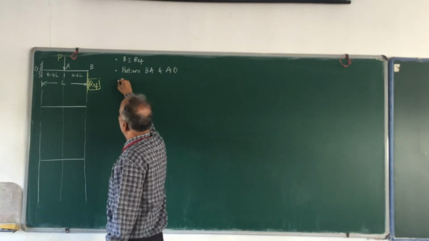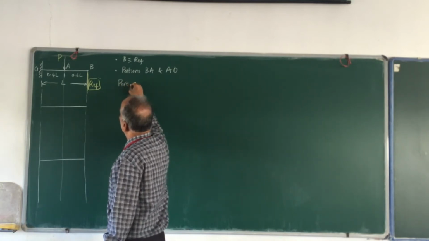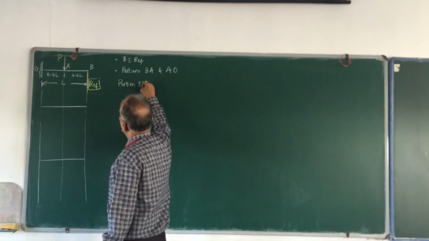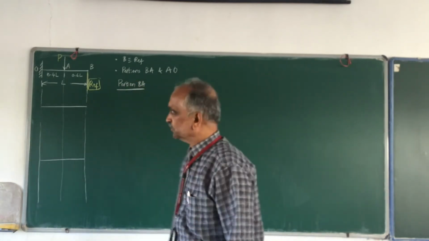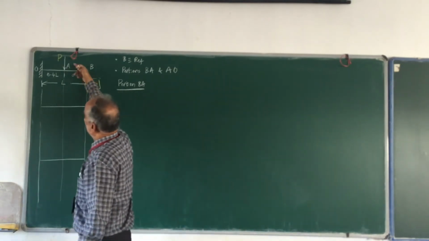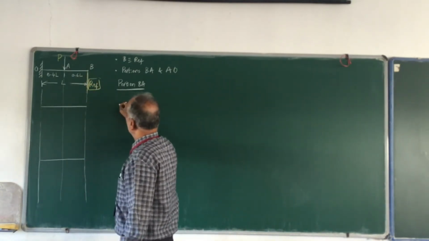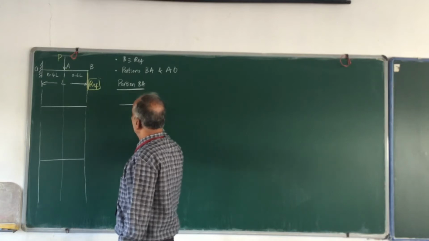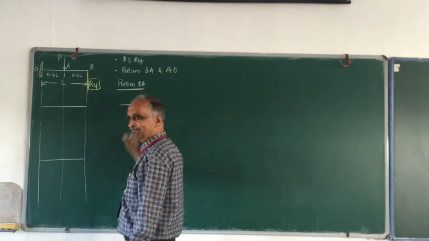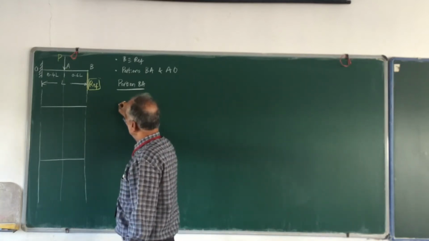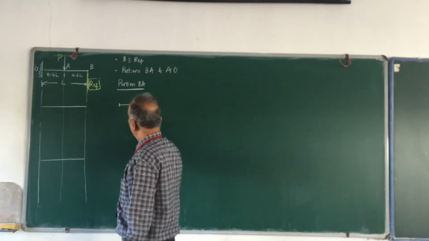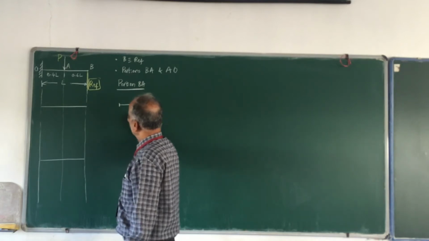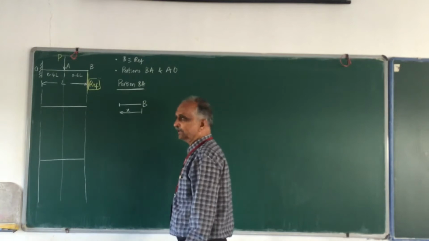Let me go for portion BA. Without wasting much time, between B and A, I want to take a section. I cut it here and draw what is called the free body diagram. This end is B, and please remember this is not A. This is where I have taken the section, at a distance x from the reference.